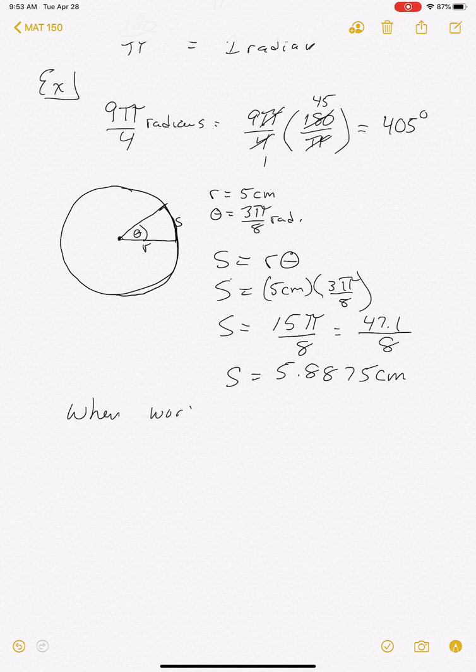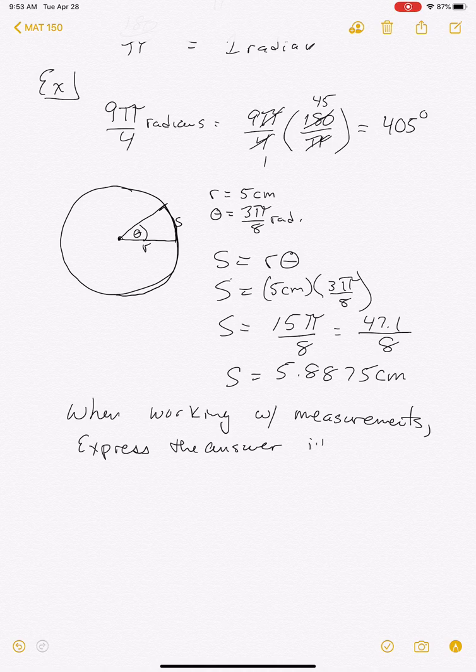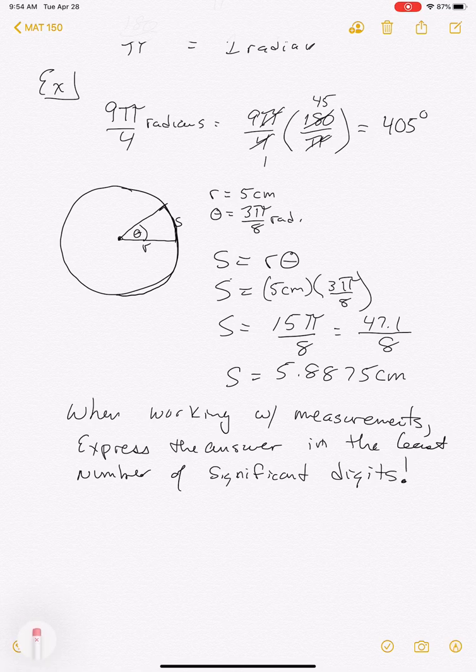Now there's something you have to know. When working with measurements, we always want to express the answer in the least number of significant digits. So by least, we look at the measurements here.